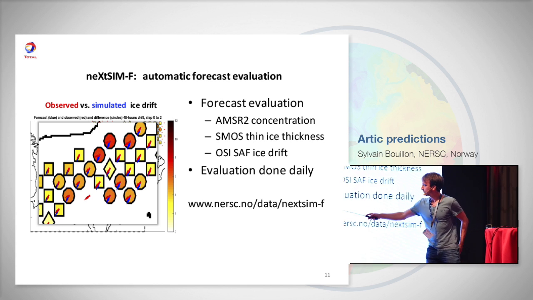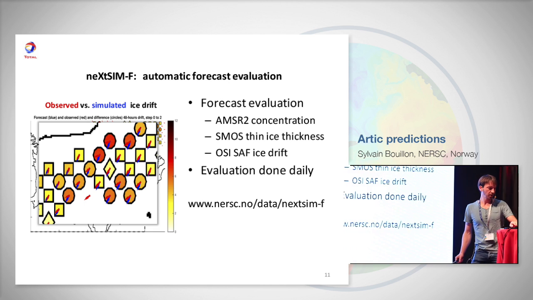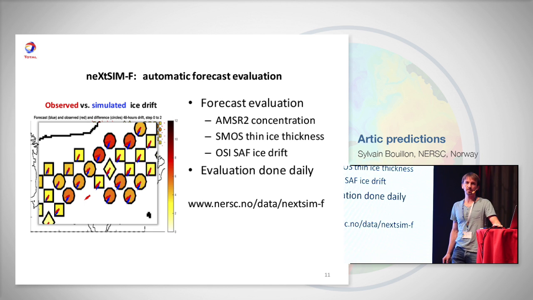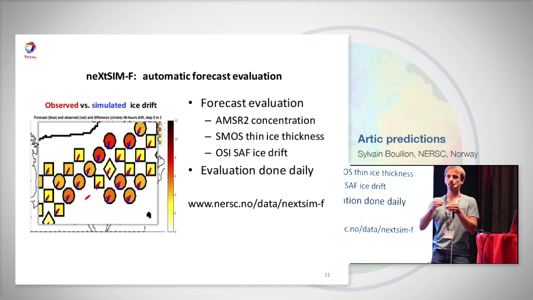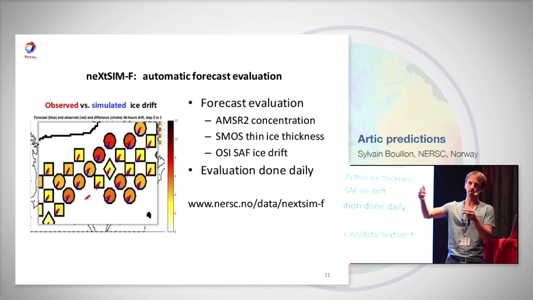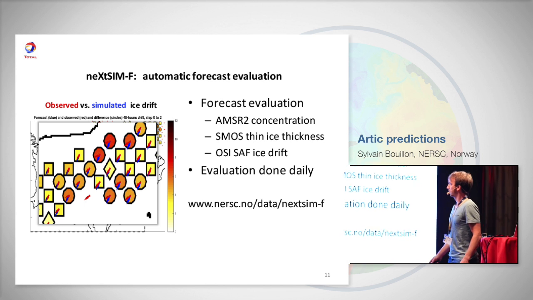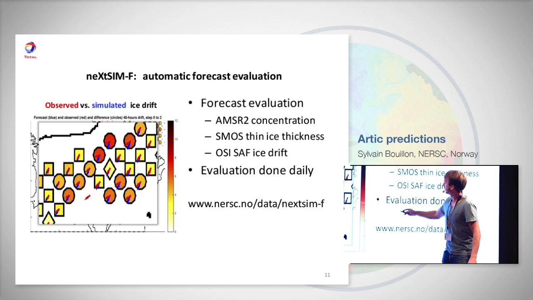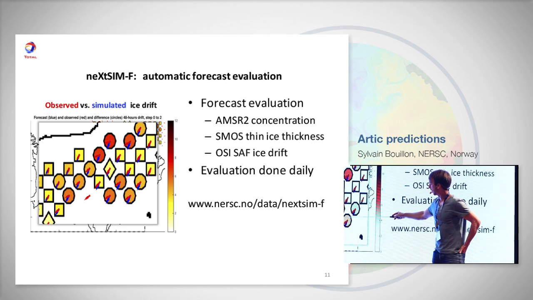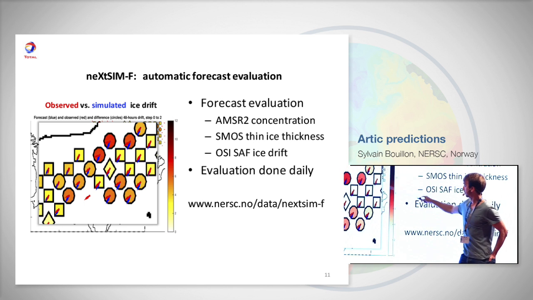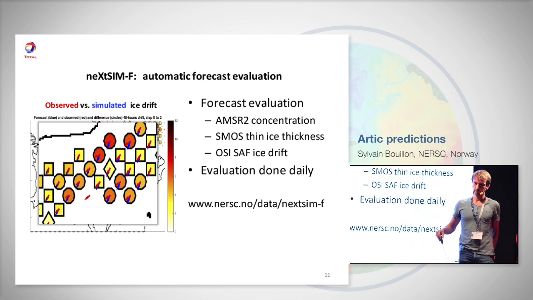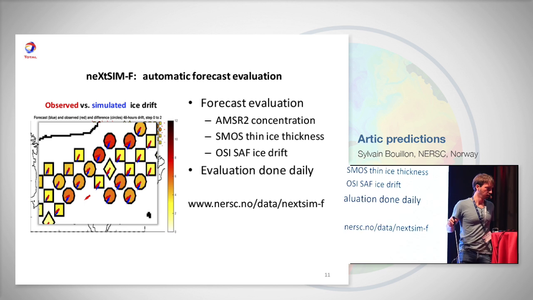So this is an example on the left, comparing observed and simulated ice drift. It's always computed over 2 days, so it's the 2 days drift. And you see in red the observed value and in blue the simulated ones. We are going in the right direction.